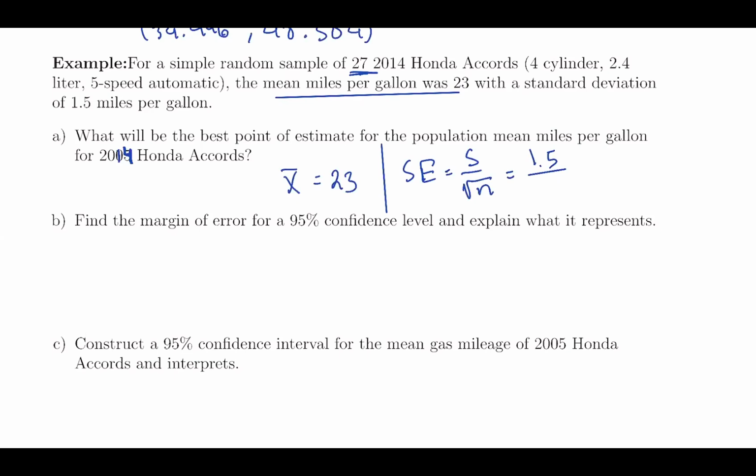Yeah, 27, perfect. So let's do 1.5 divided by square root of 27. If you look at it, you get 0.2, and what do we say, 9? Everybody good so far? Standard error 0.29. Yes, sir. Alrighty then.